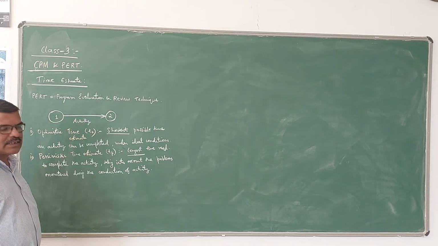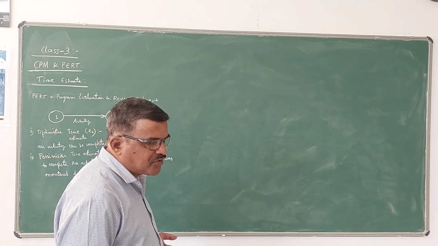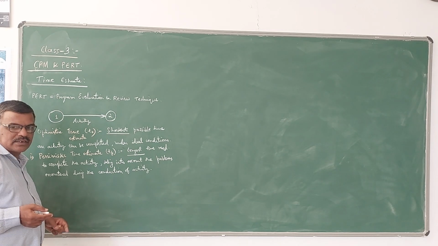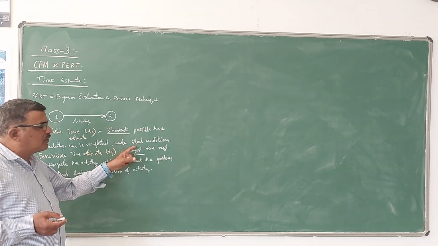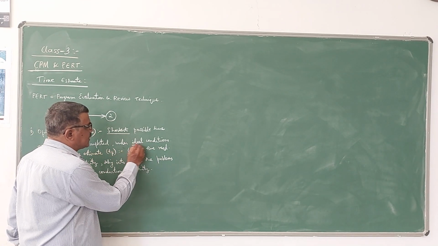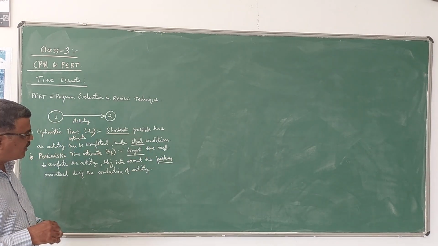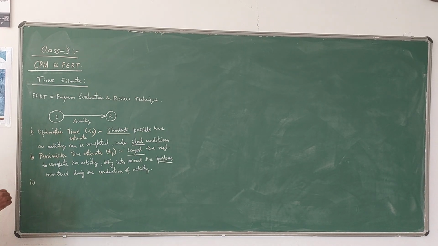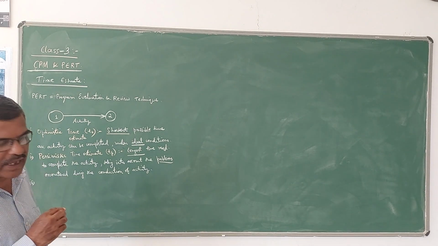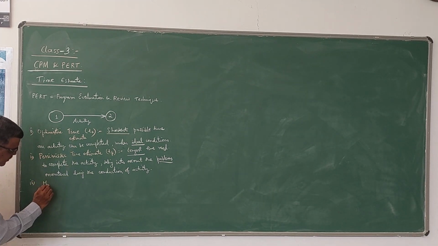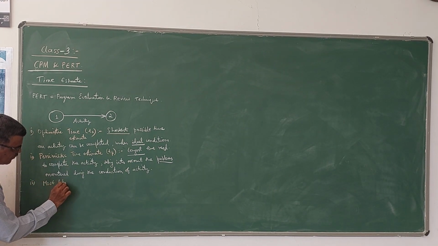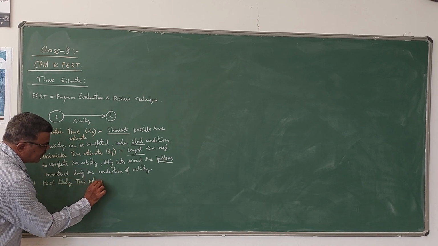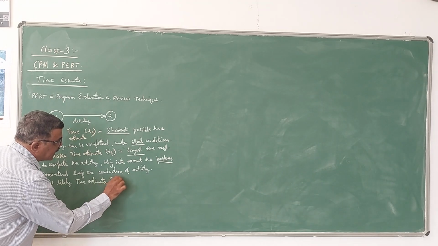But in practice, neither the time is optimistic nor pessimistic. Both are hypothetical ones. One is under ideal condition without any problems, another is considering the problems. So we have one more, which is called the most likely time estimate, denoted by TL.